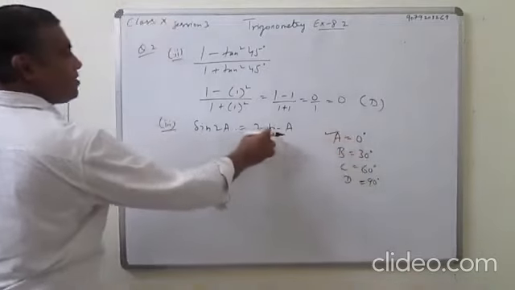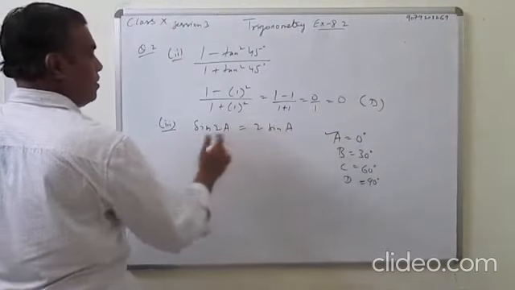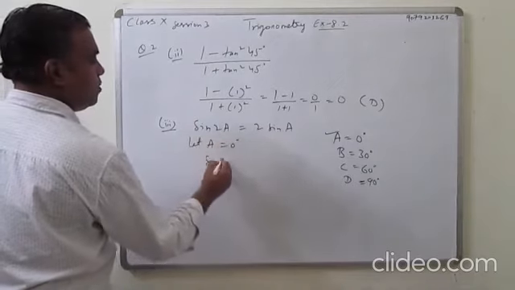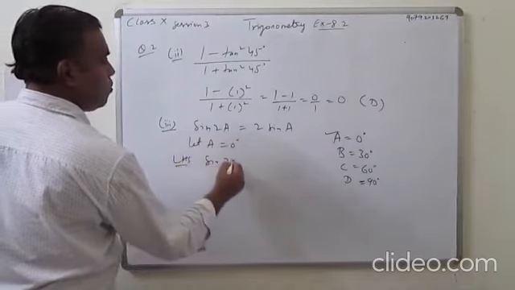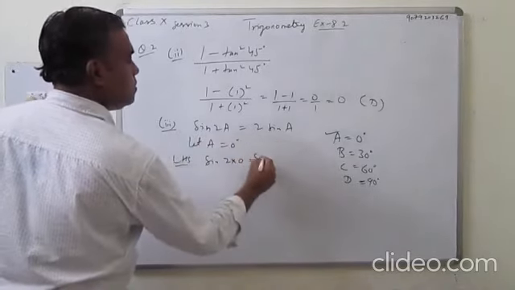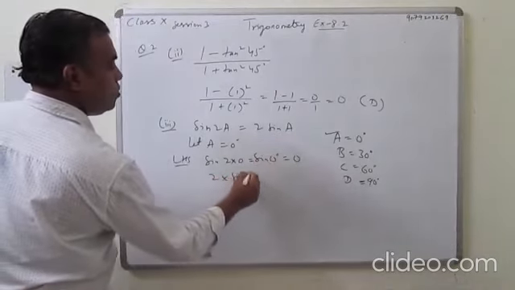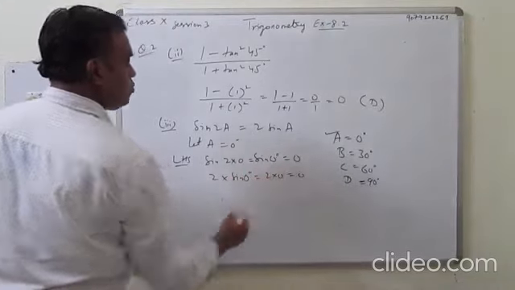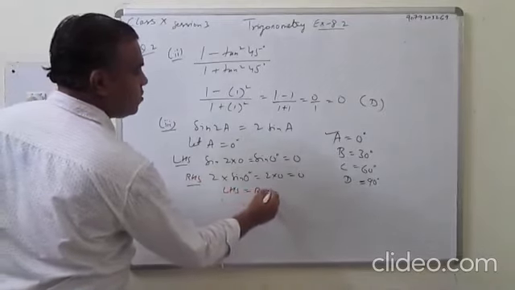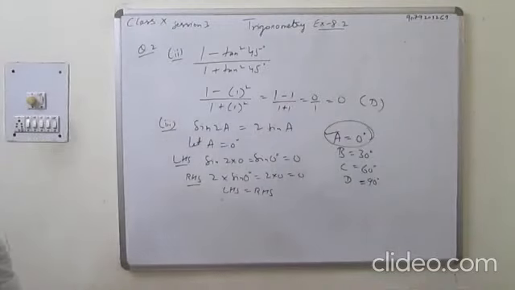If I take 30, then 2 into sin 30 is not equal. Let A be 0 degree. Left hand side, sin 0 is 0. Right hand side, 2 into sin 0 is 2 into 0, which is 0. Left hand side and right hand side are equal only in option A.